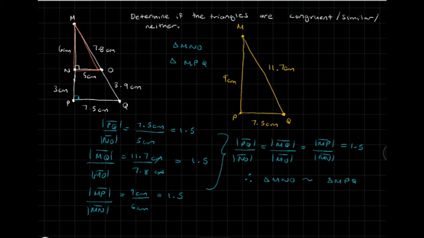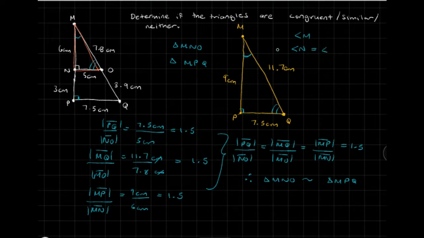So these triangles are similar, and as a result we can identify corresponding angles. We can attribute this right angle from there, so this angle is a corresponding angle to this one. These two right angles are the same.